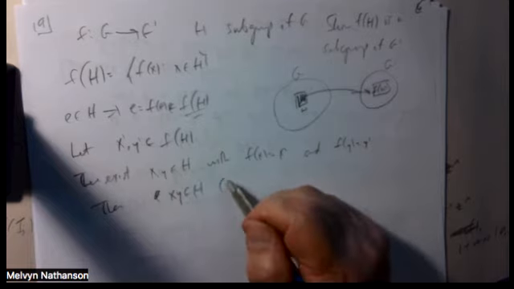But then x times y is in H, because H is a subgroup, so it's closed under multiplication. And so f of x times y, which is f of x times f of y, which is x prime y prime, is in f of H, right? So if x prime and y prime are in the image of the subgroup H, then so is their product. So this is closed under multiplication.